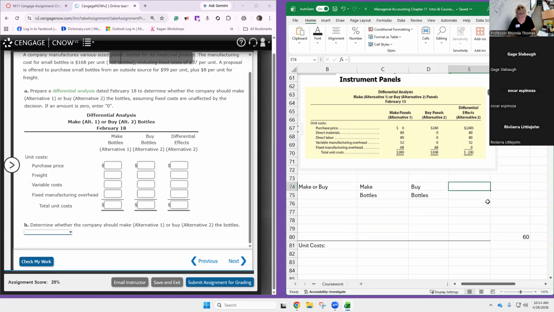And then the differential effects. So we have a purchase price. We have freight. We have variable costs. We have fixed manufacturing overhead. And we have total unit costs.